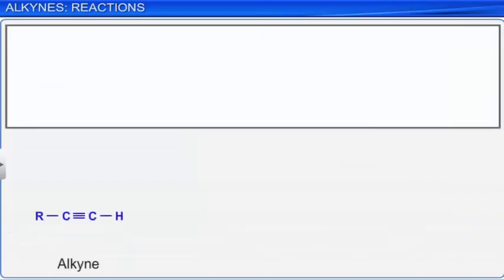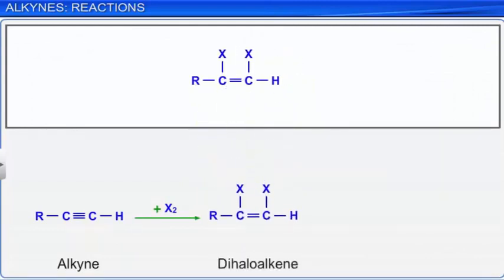Alkynes form dihaloalkene when treated with one molecule of halogen and form tetrahaloalkane when treated with two molecules of halogen.